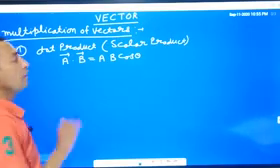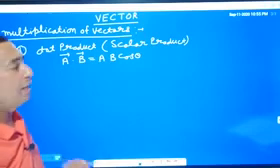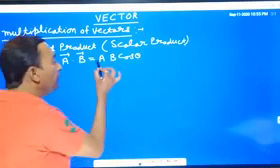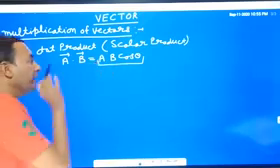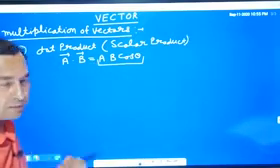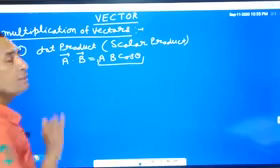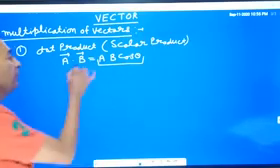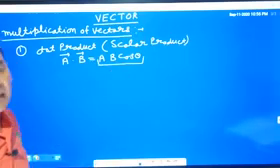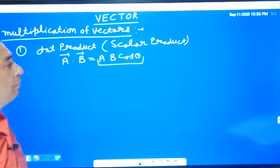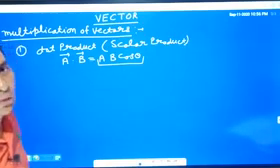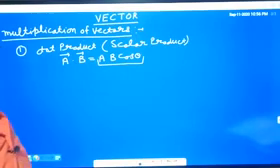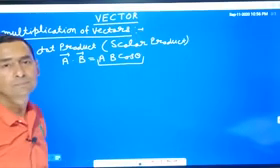So the dot product of two vectors is equal to a b cos theta. Here a is the magnitude of the first vector, b is the magnitude of the second vector, and theta is the angle between a vector and b vector. Here we take cos theta, means cosine of the angle theta between a and b.